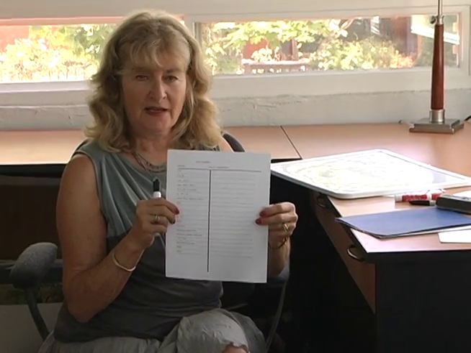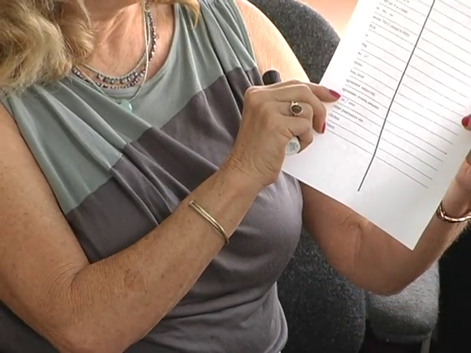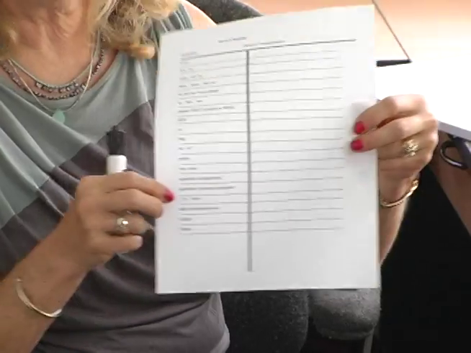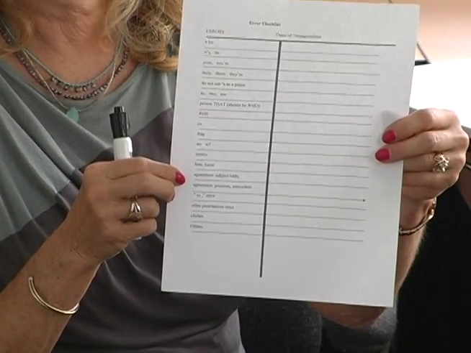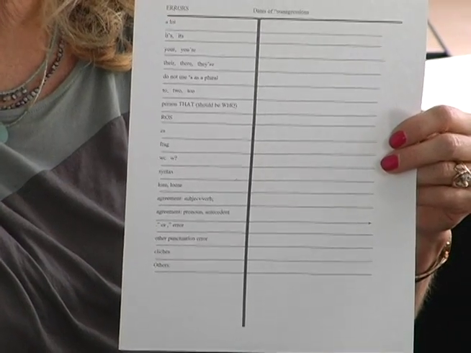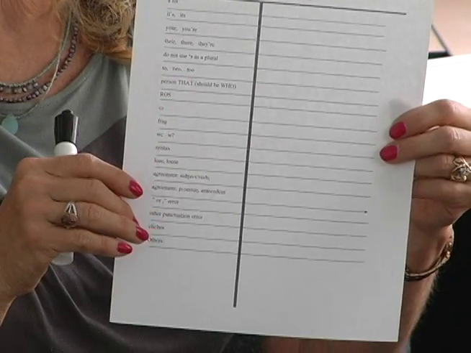Okay, before this segment begins, I had suggested that you download the error checklist that is on your assignment sheet. What you'll see is a list of more than a dozen errors that students from all over the country, and even people who have been through school, continue to make.